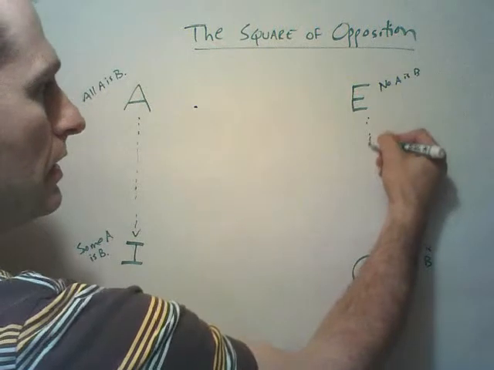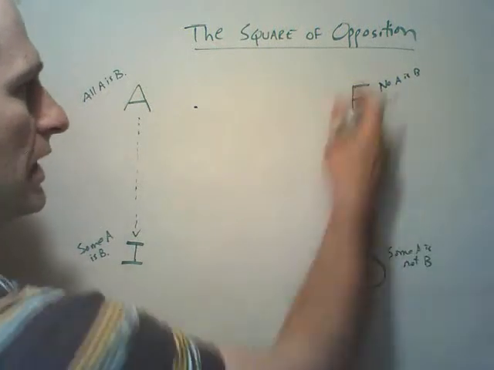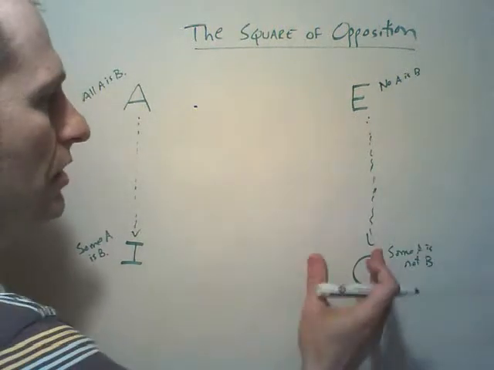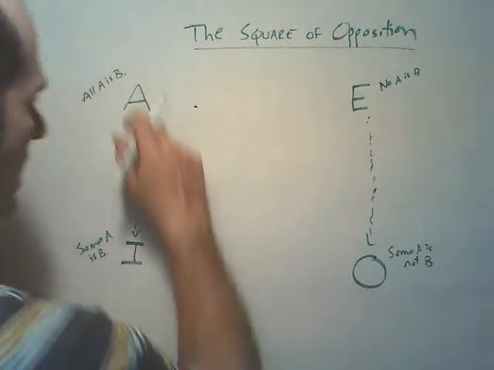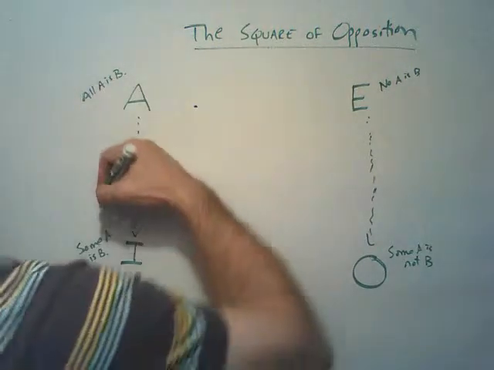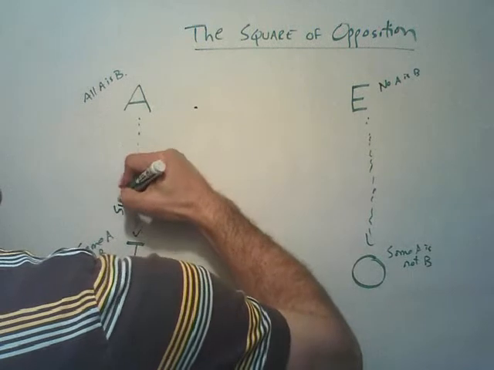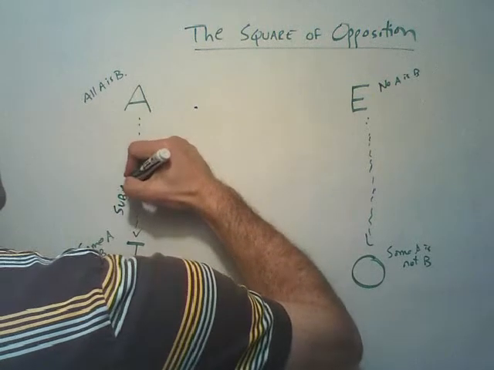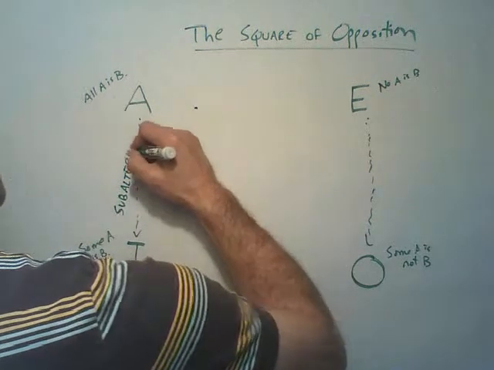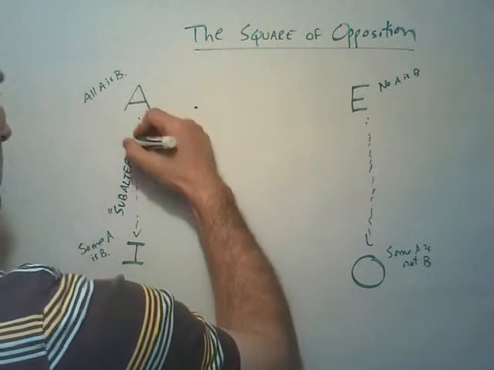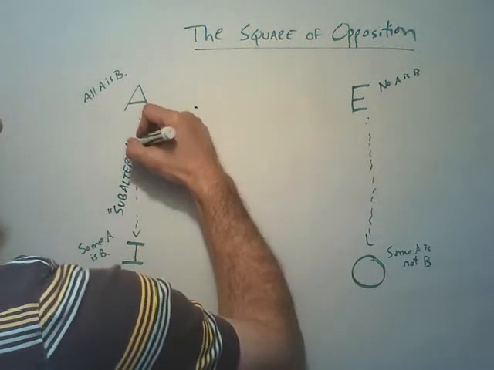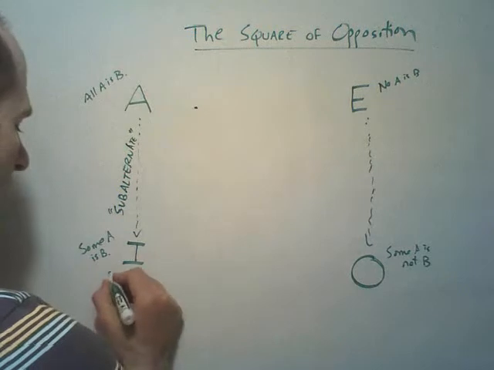Now, the O and the E stand in relation to each other in what's called a subaltern position, and the I and the O. So this is called the subaltern.